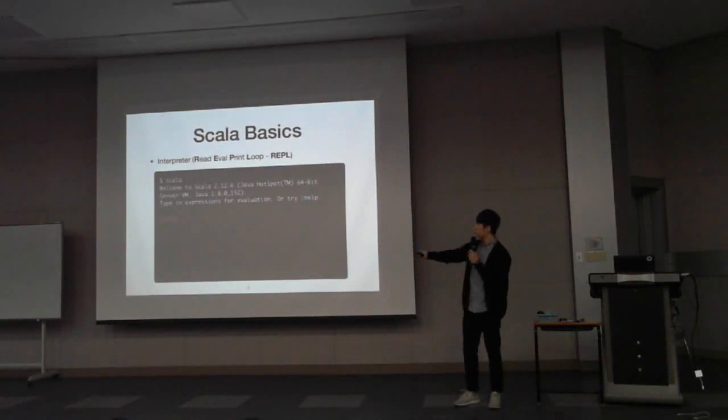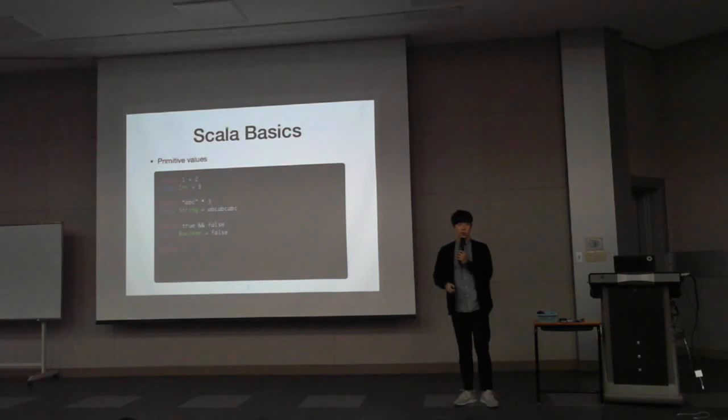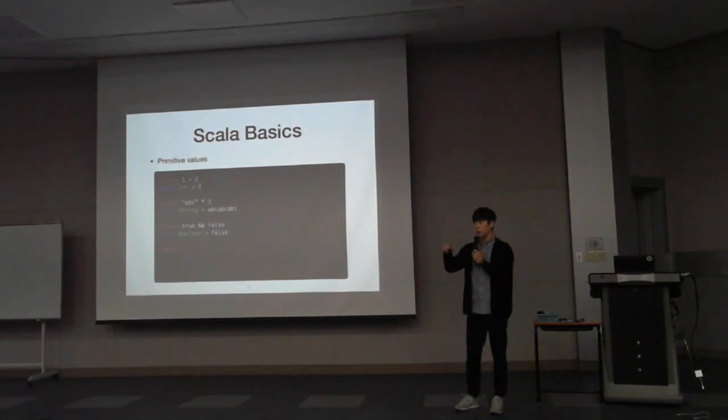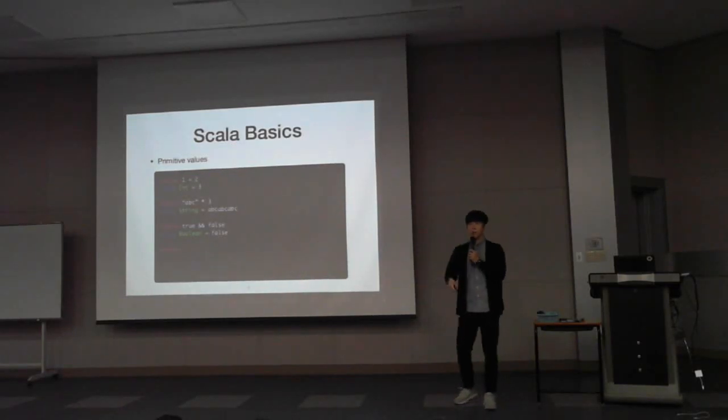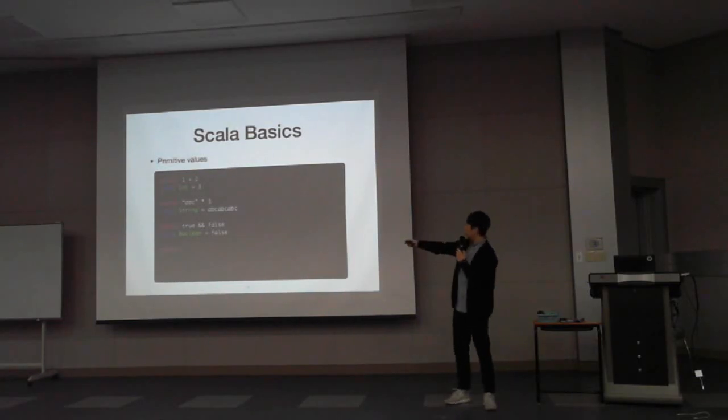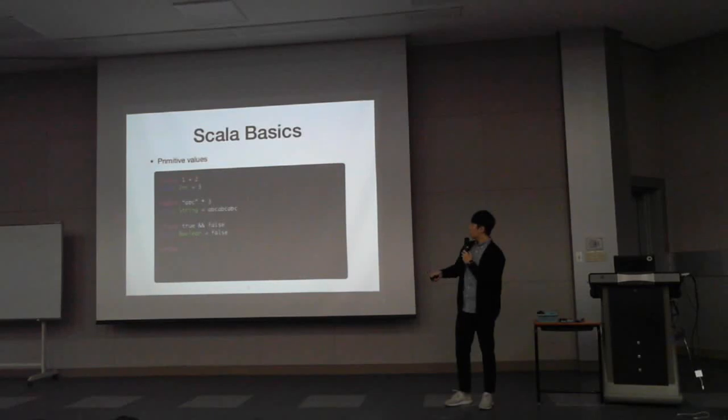So let's start from primitive values. In Scala, there are 8 different primitive types, but in this class, we will use only 3 of them: integer, string, and boolean. And you can use various primitive operators. You can add 2 integers, repeat strings, or use boolean logical operators like that.